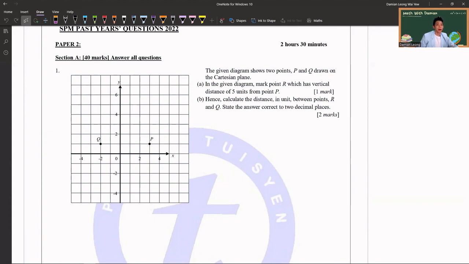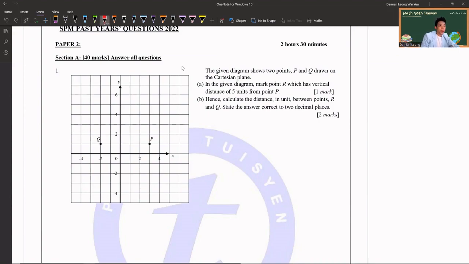In the given diagram, mark R, which has a vertical distance of 5 units from P. So a vertical distance of 5 units from P means R can actually be above, or it can also be below the point P, because it only says it has a vertical distance of 5 units.